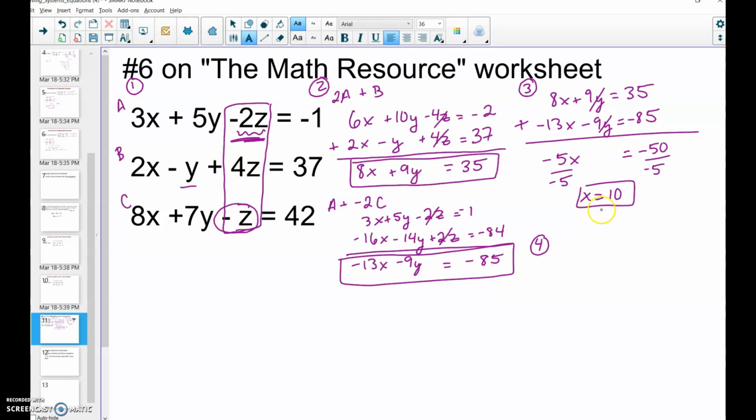Step 4, I'm plugging my value for x back into one of the equations from 2. Doesn't really matter. I'm just going to take the first one. Let me rewrite that. 35. Okay, so I have 8 times 10 plus 9y equals 35.